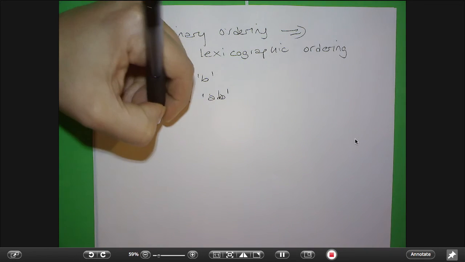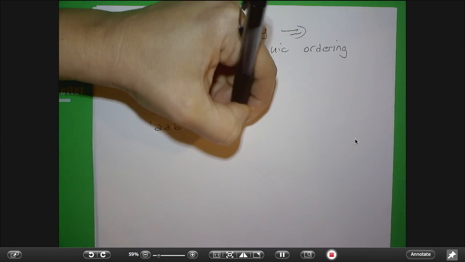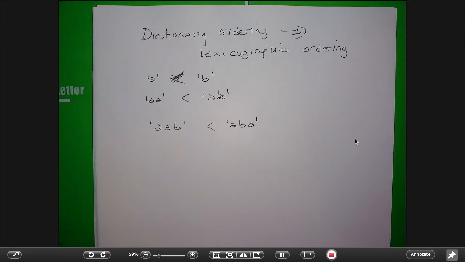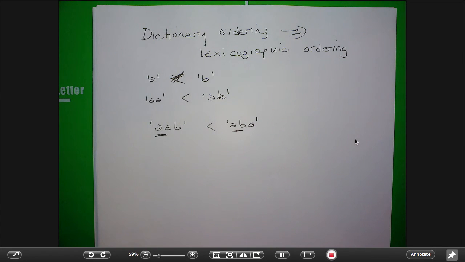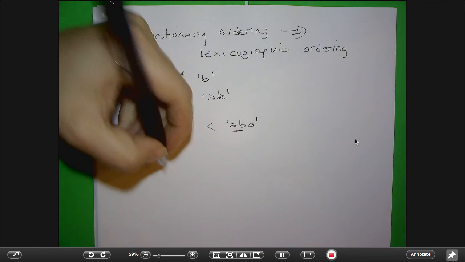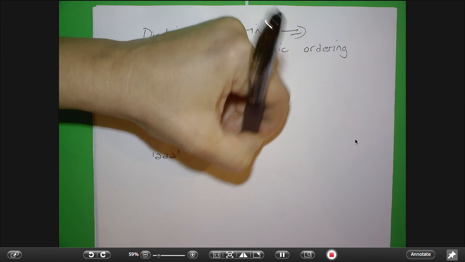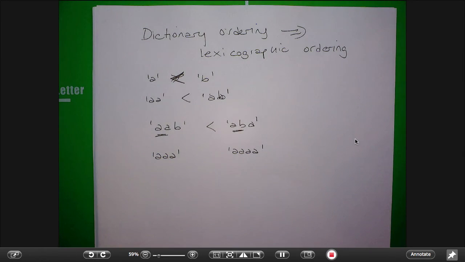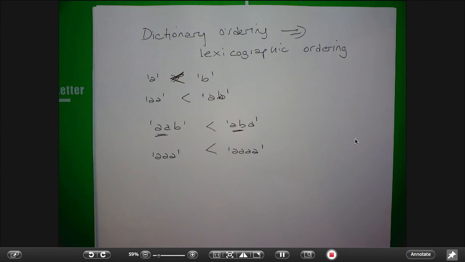For example, AB is less than ABA, because you compare up to here and AA comes before ABA, right? If you have the same exact string, like AAA and AAAA, they have the same prefix, then the shortest one comes first, okay? So shortest first.